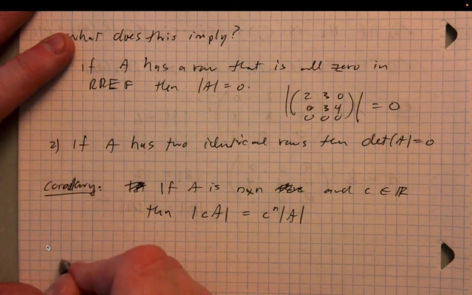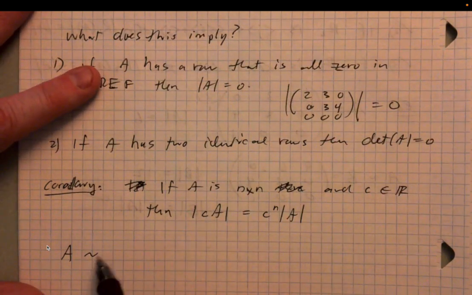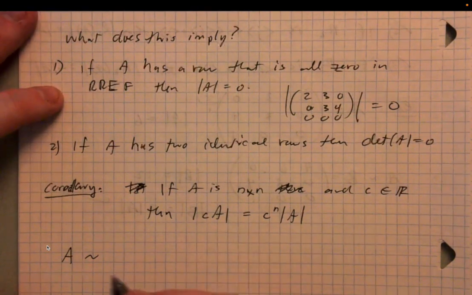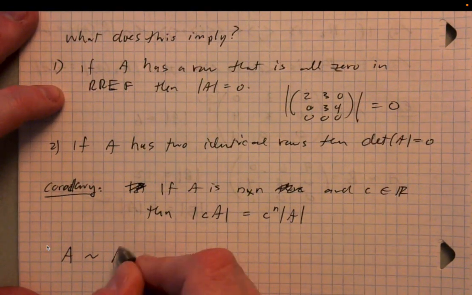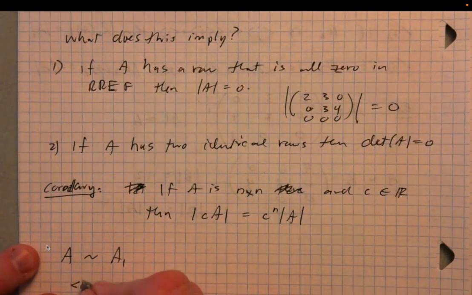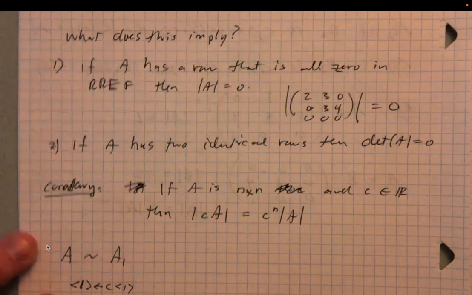If I start with A, then I can multiply row 1 by C to get A1. So row 1 is replaced by C times row 1.